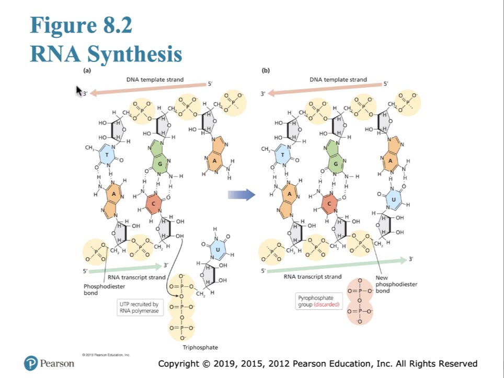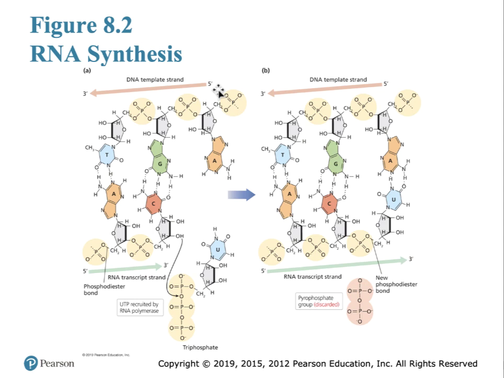One thing is to look at the orientation of the DNA molecule on top, and look at the orientation of the RNA molecule being synthesized at the bottom. As we told you in the past, nucleic acid synthesis always takes place backwards. So from 5' to 3'. And this is confirmed here by this figure.